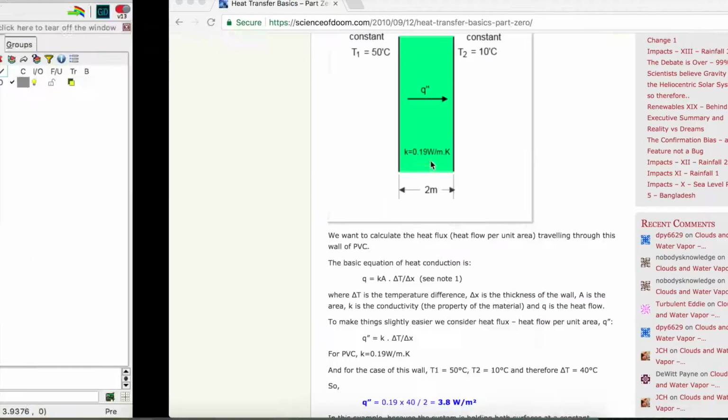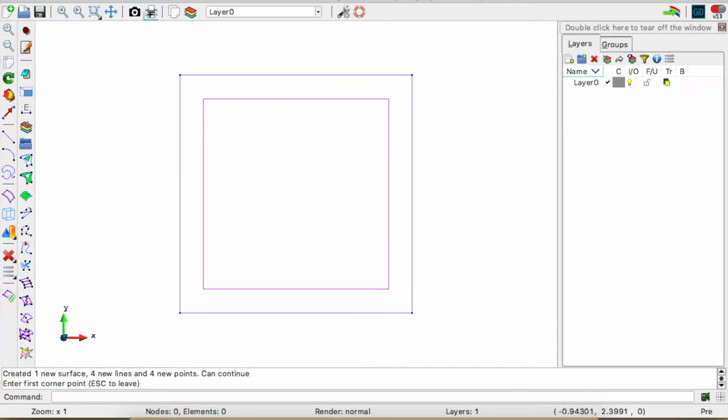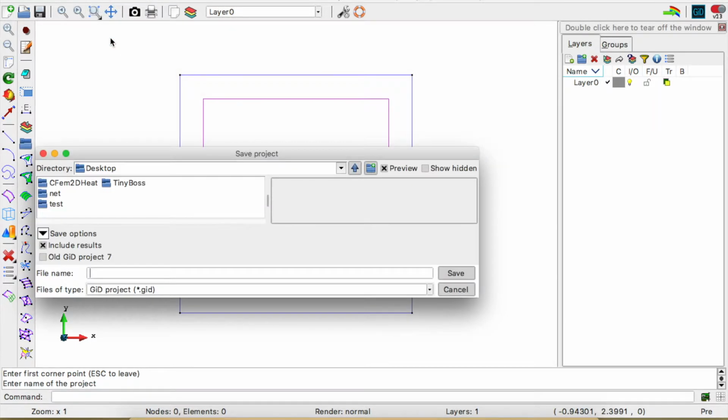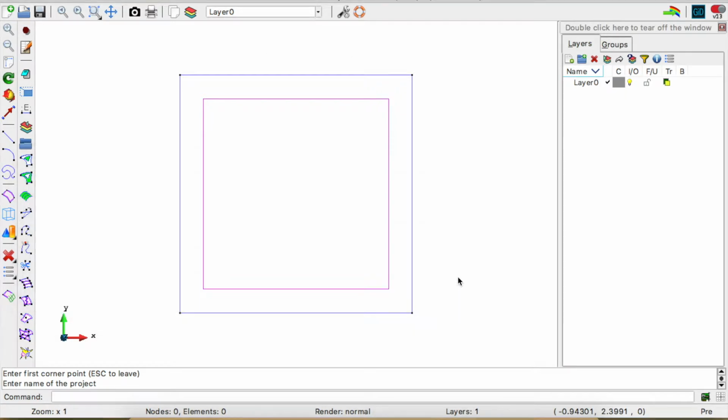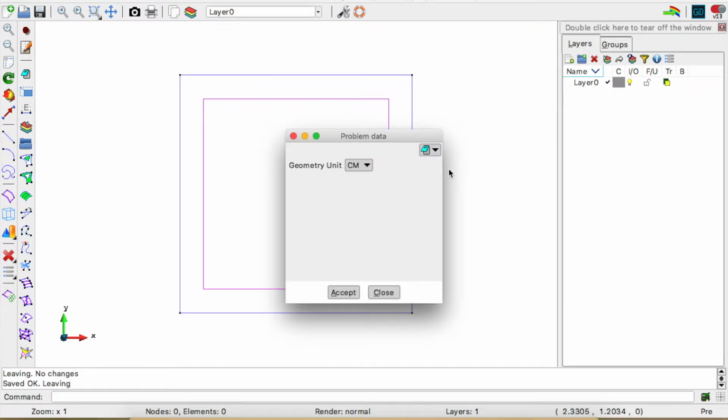Let's start drawing a simple geometry. I will say the problem unit.